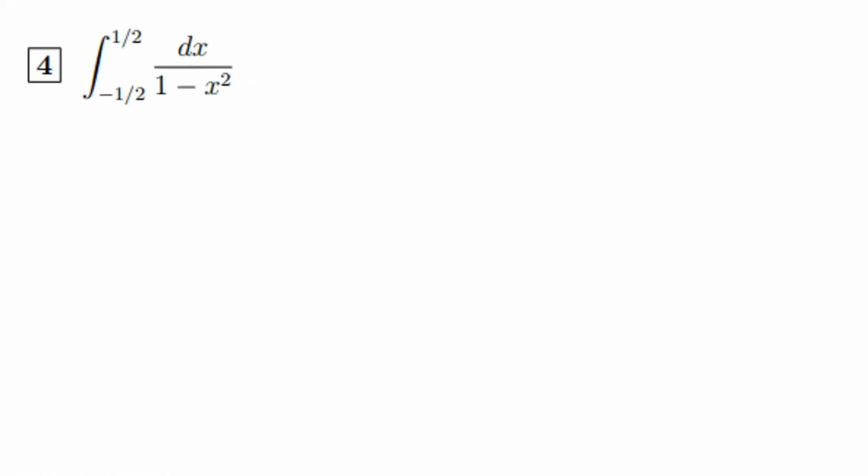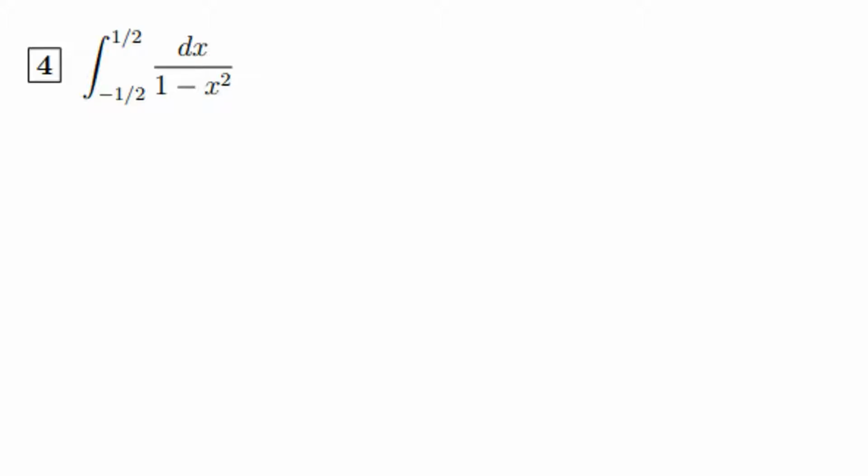So, what you see on the screen is the integral as it was presented in the exam, which is the integral from negative 1/2 to 1/2 of dx over 1 minus x squared.